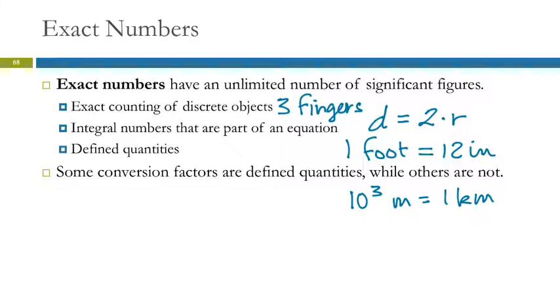That's exact. Going between the English system and the metric system, most of those are not defined. They have a finite number of significant figures. The one exception I want you to remember is that 1 inch is exactly equal to 2.54 centimeters. They actually slightly redefined the inch so that it is exactly 2.54 centimeters.